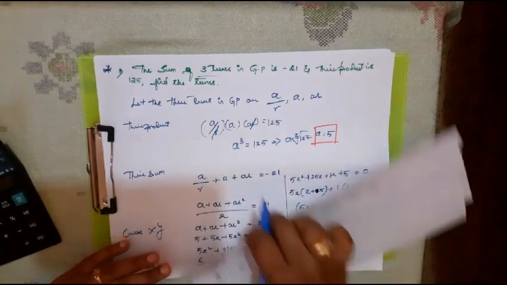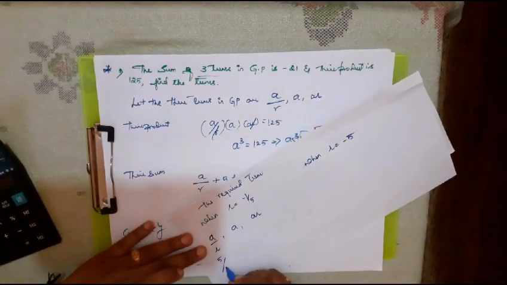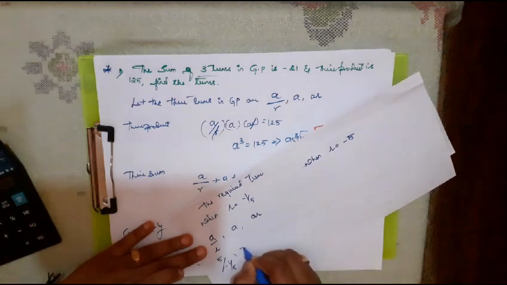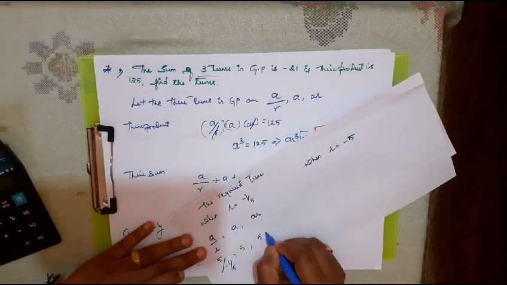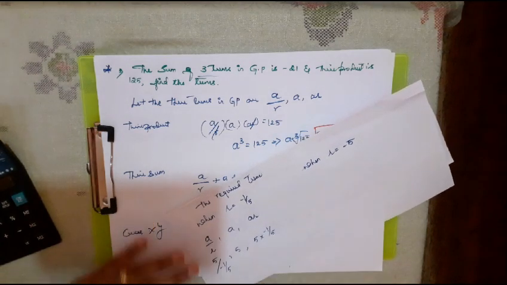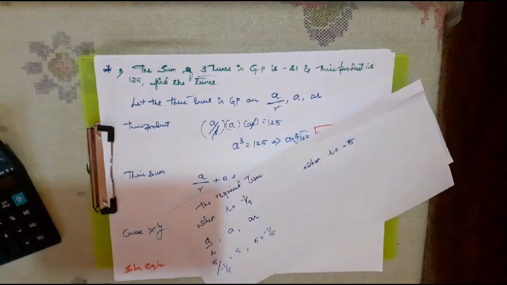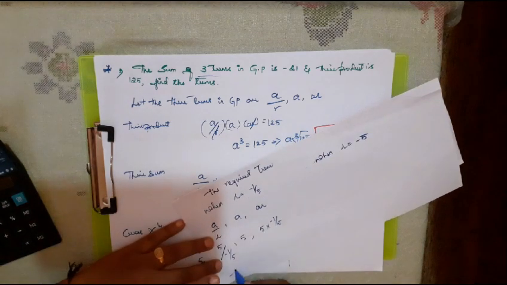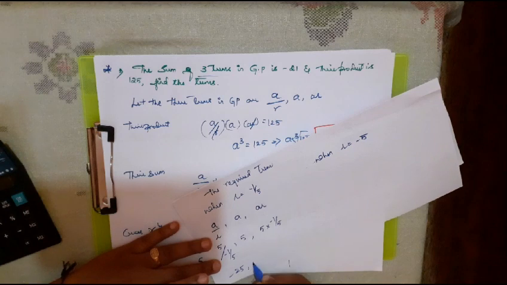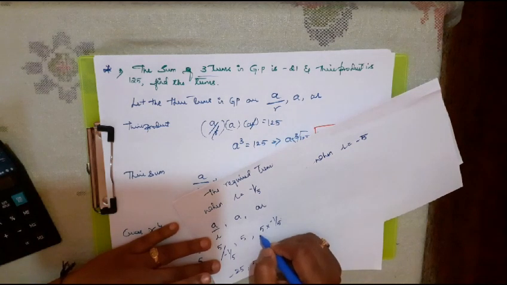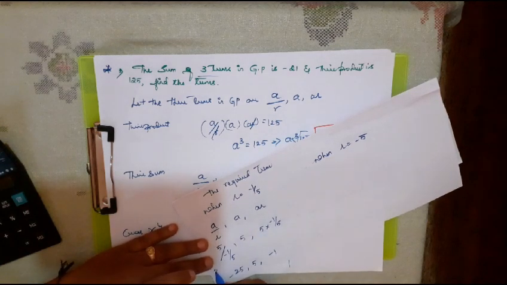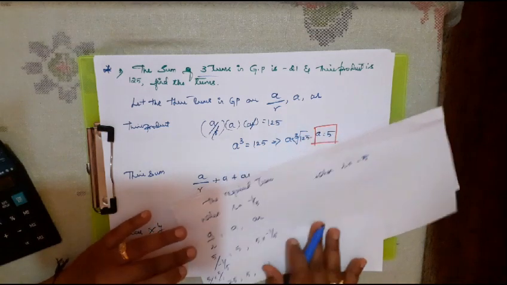What is the value of A? 5 by minus 1 by 5, 5, 5 into minus 1 by 5. Okay, so you are getting minus 25, 5, 1. See, we have cancelled here, and this one will be like 5 by 1 into 5 by 1, the cross multiplication. So it will become minus 25.